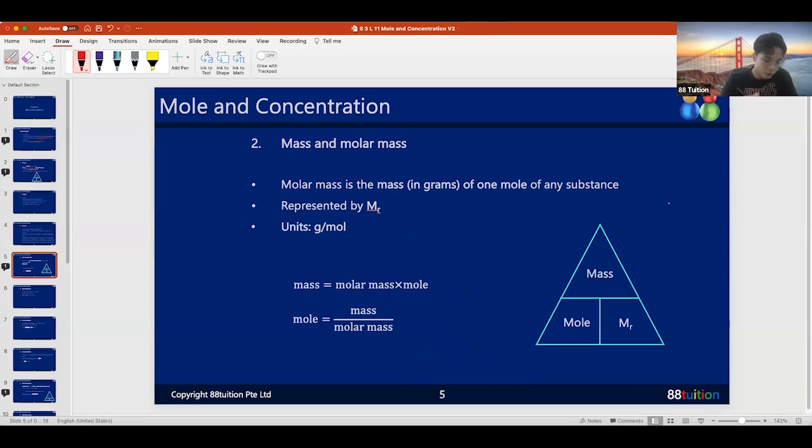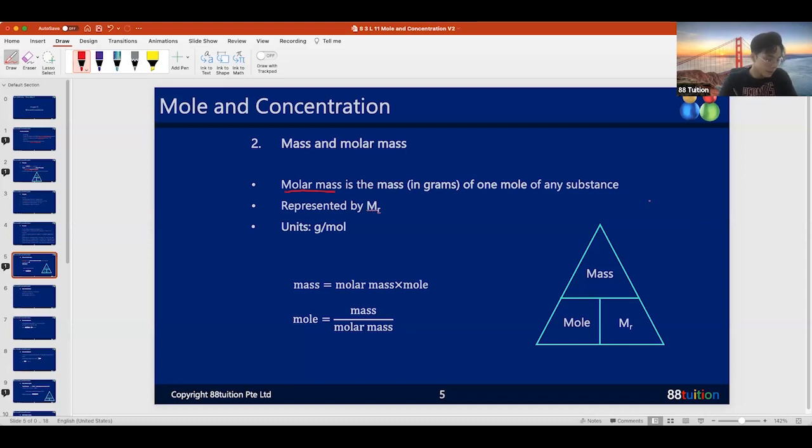All right, and then we look at the association between mole and mass. We introduce this concept called molar mass. In the previous lesson we learned about molecular mass, which is the Mr, which is the average mass of one molecule compared to 1/12 of a carbon-12 atom, right? Molar mass is similar, but the definition is different.